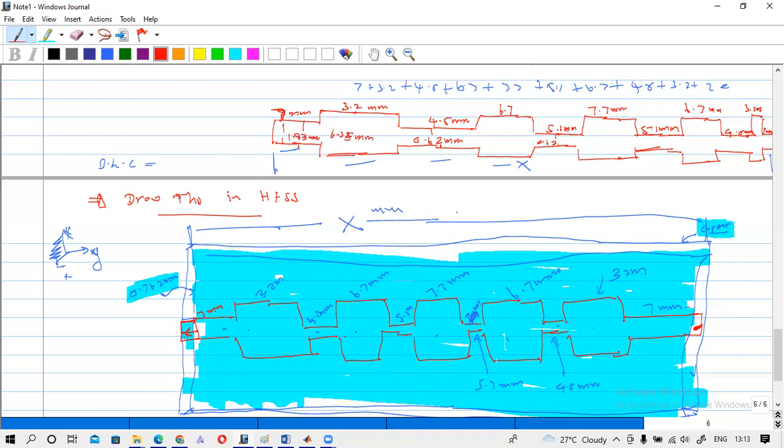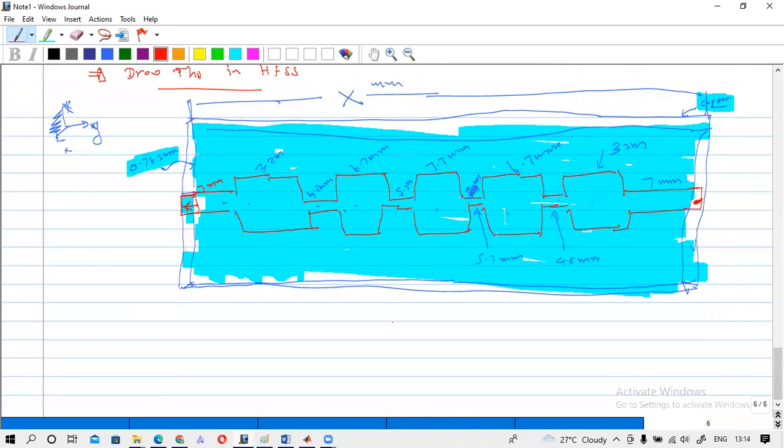Then you can select the frequency. You can select the middle frequency as 5.8 gigahertz, and you can get around 0.5 gigahertz to maybe 8 gigahertz range. Then you can plot the S21 and S22.